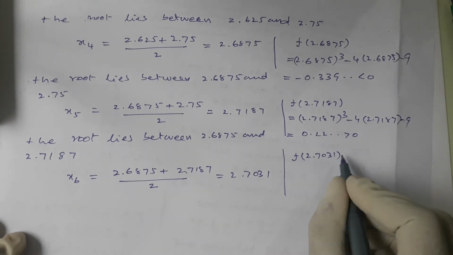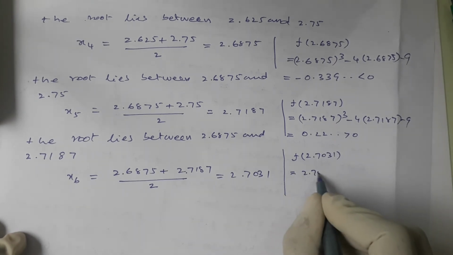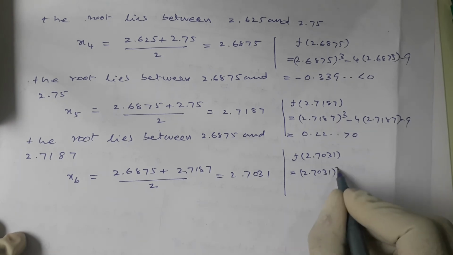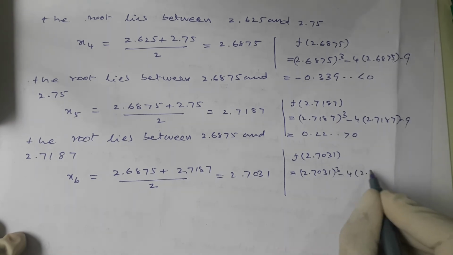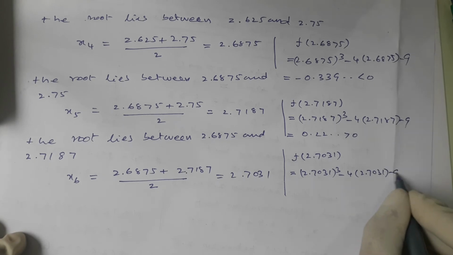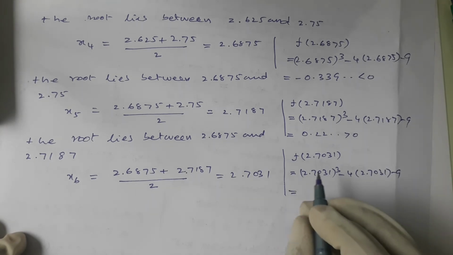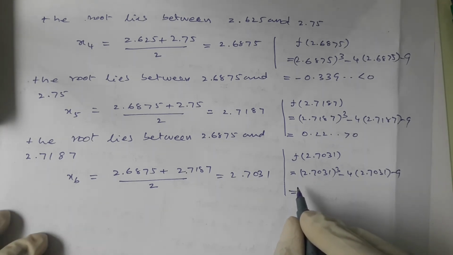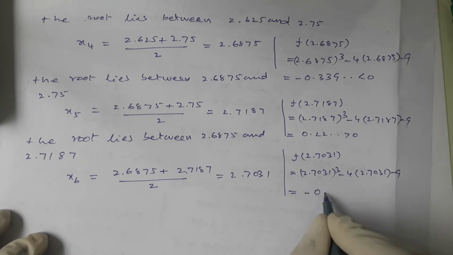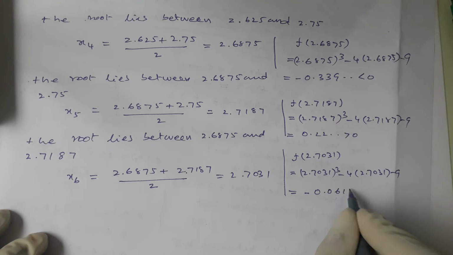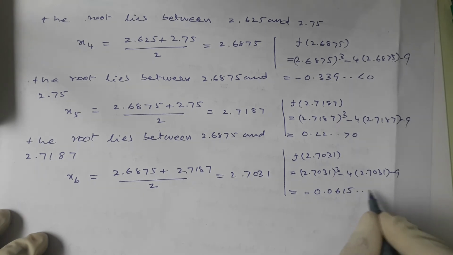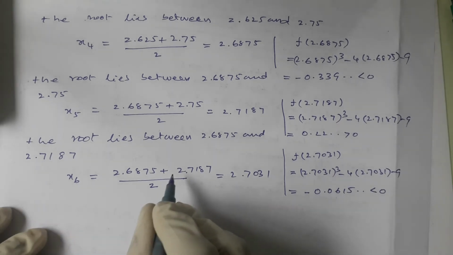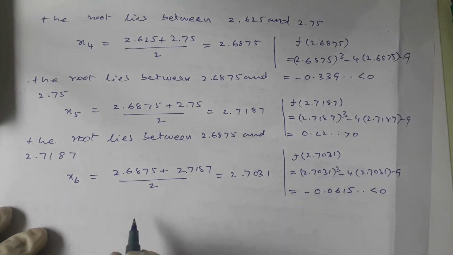2.7031 is equal to 2.7031 whole cube minus 4 into 2.7031 minus 9, the value is minus 0.0615. It is less than 0. Less than 0 means this value and its right side value.